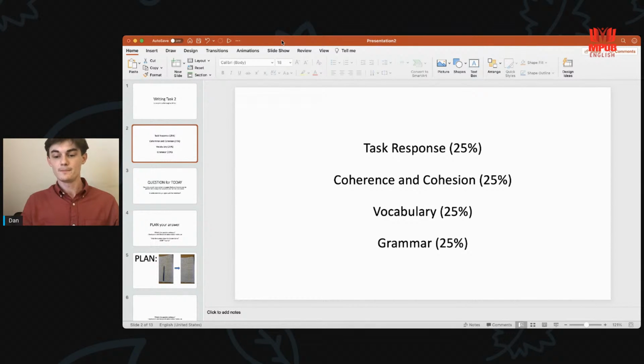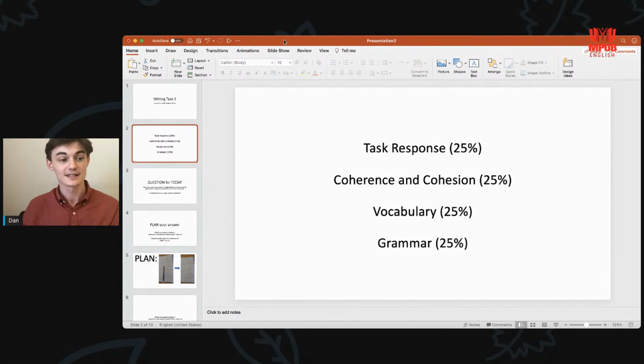Coherence and cohesion, that's the next thing you want to make sure you're doing well on. And that's basically how clear your argument is. So do your ideas make sense? Do they flow? Do they link with each other well? Vocabulary, it's quite an obvious one. How many words do you know? How effectively can you use them?